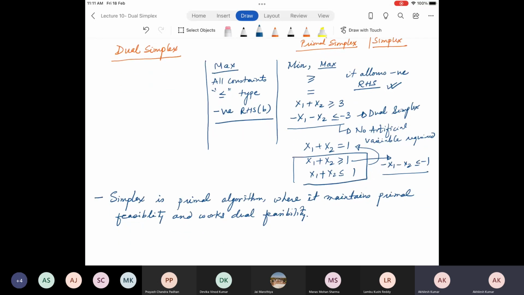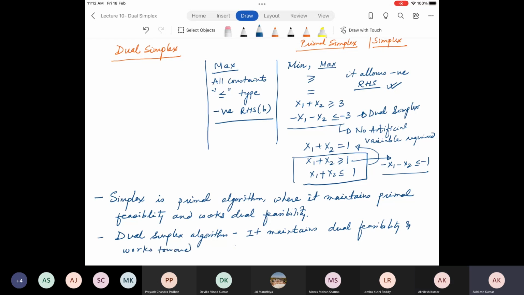When it comes to the dual simplex algorithm, it maintains dual feasibility iteration after iteration and works towards primal feasibility.